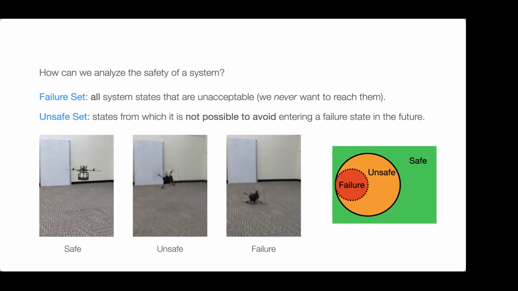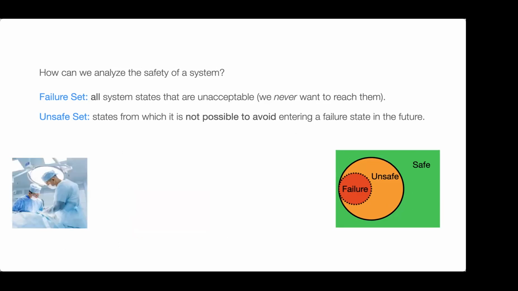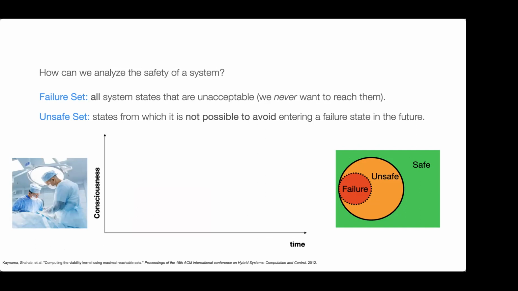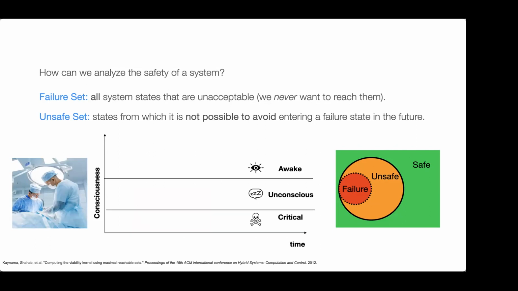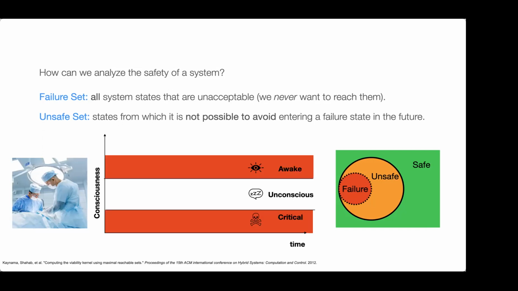Another example that I really like is from some colleagues from New Mexico that looked at applying anesthesia to patients. For applying anesthesia, in this case, my very cartoonish representation of it would be if you can sort of model, let's say, consciousness over time and turn this into awake, unconscious, and critical state, you would like to avoid the patient being awake or dead during the surgery.